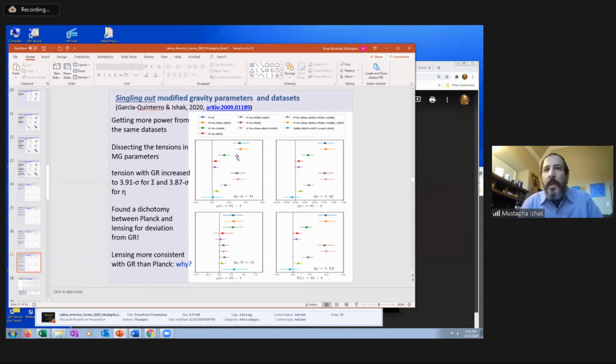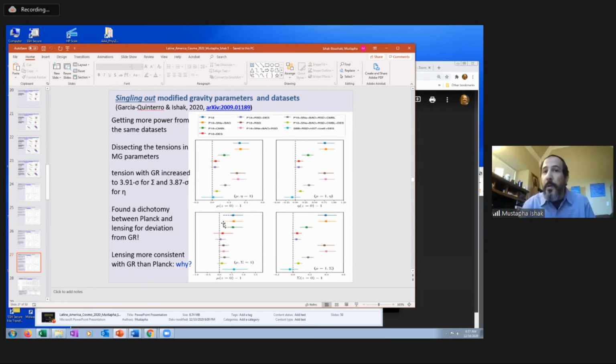So here you have a tension, you add CMB lensing, it makes it worse. You add DES data, it makes it disappear. True for when we fix the parameters, when we let mu vary, eta vary, and sigma vary. But when we fixed sigma to 1, which is the GR value, in this plot here, we see that it goes away all over the board here.